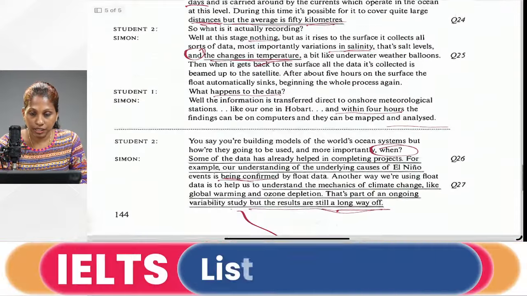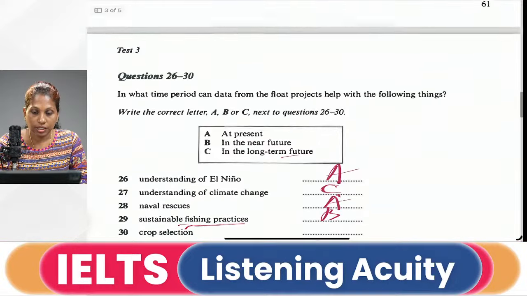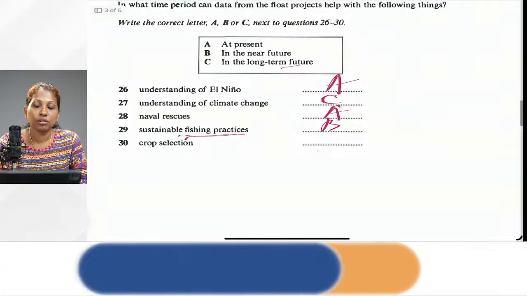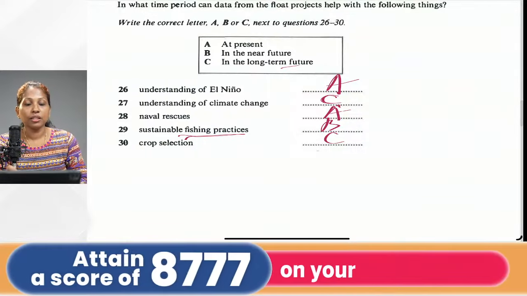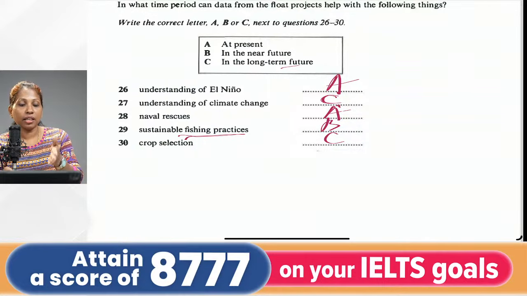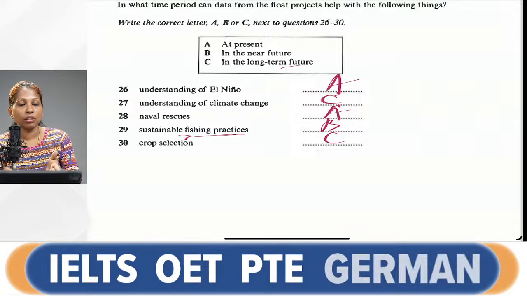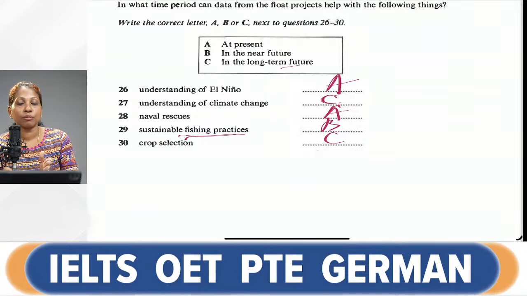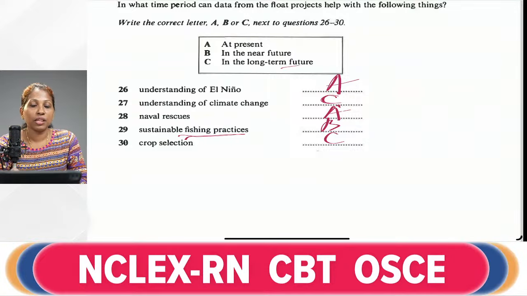That means the correct option will be C, in the long term future. Okay, so understanding El Nino is A, understanding of climate change is C, long term, naval again A, sustainable fishing practice B, in the near future, and crop selection is long term future.